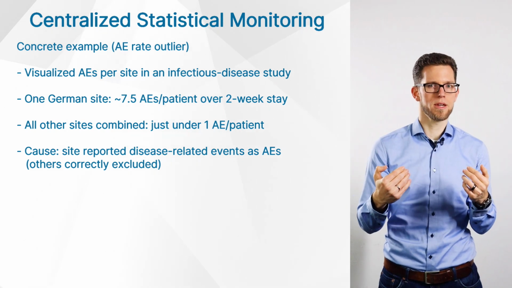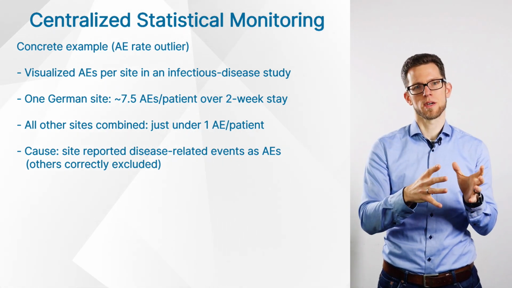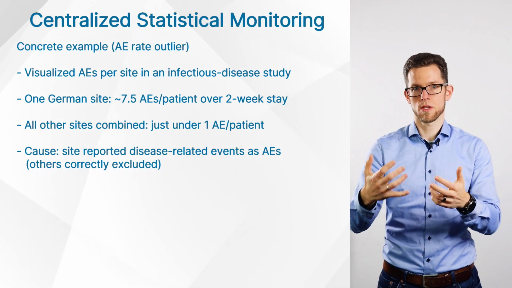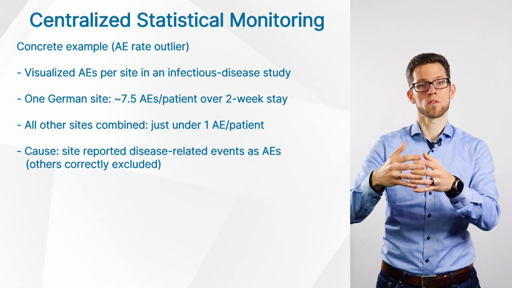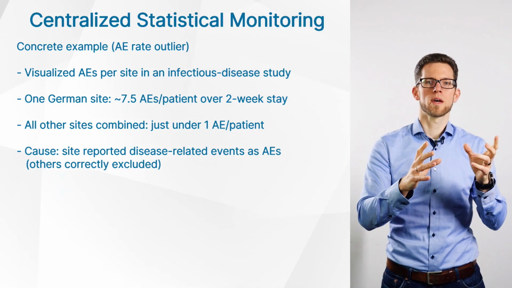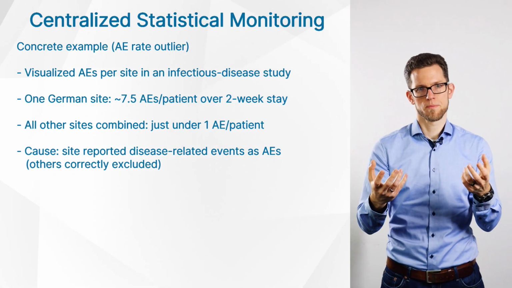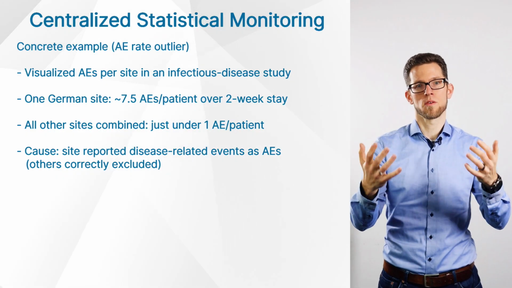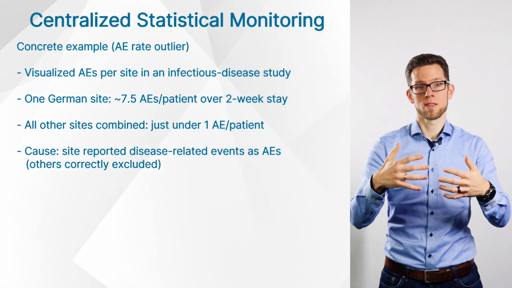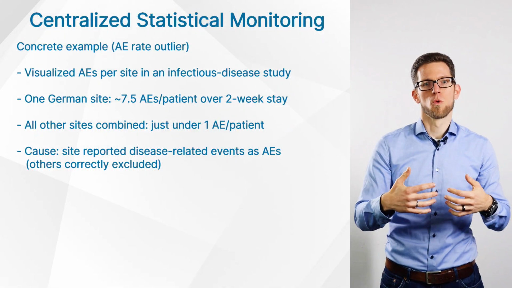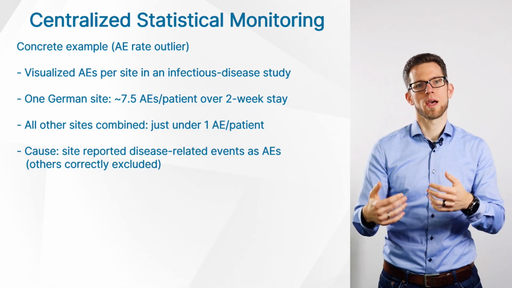It gives a clear indication that either this trial site does not really understand the treatment mechanism, there are some errors occurring which are endangering the safety of the patient, or that the way that adverse events are reported is different. In this specific example, it was an infectious disease study, and everything related to the disease that the patient must have to fulfill the eligibility criteria was not supposed to be reported as an adverse event.